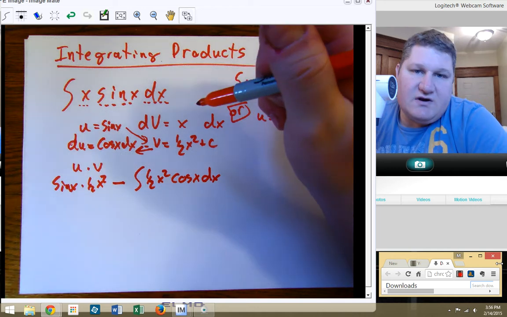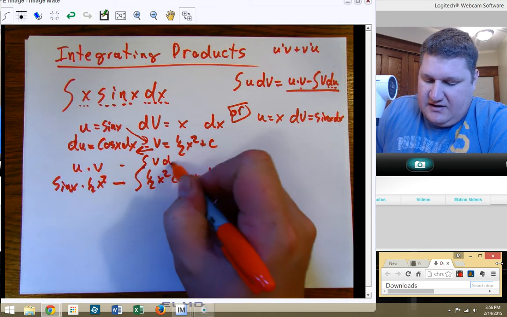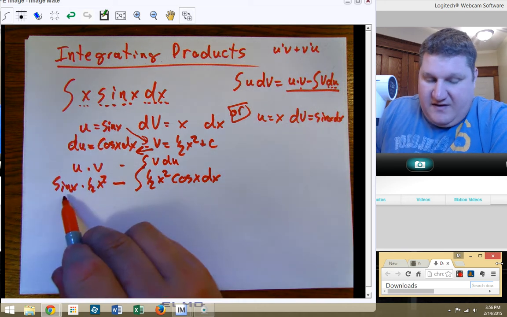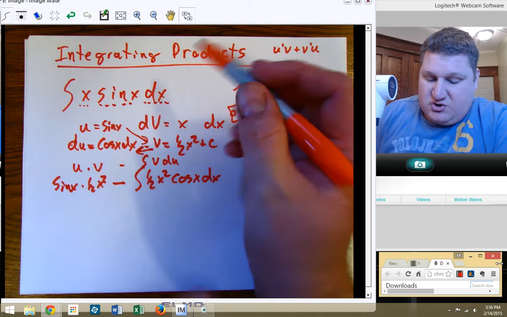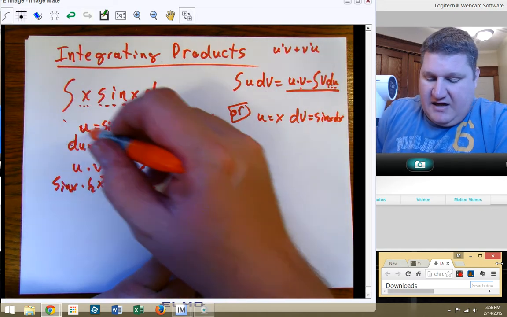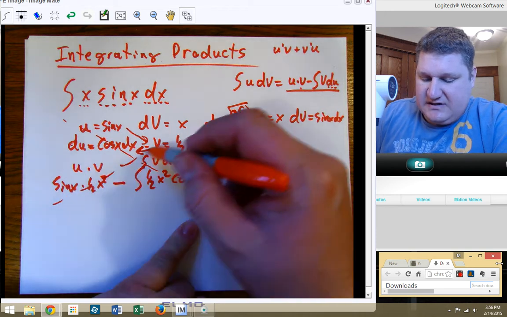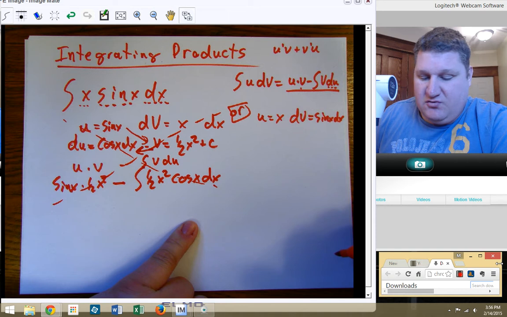Now, the problem is when I do this uv minus the integration of v du, this is good, but this is worse than what I had to begin with. So when we're choosing what to do, we need to be careful to choose wisely. In this case, this is not a wisely chosen u and v.